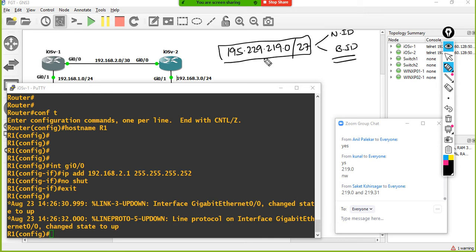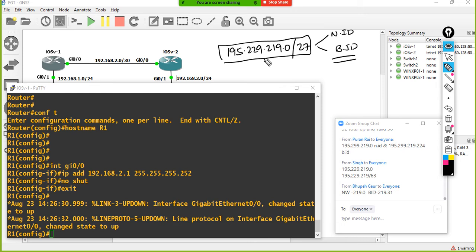Remaining people. So Saket, how many IP addresses are you going to get there? How many valid IPs are you going to get? Arjun, you are wrong, man. Try again. Okay, good Saket. Puran Dada, you are wrong.